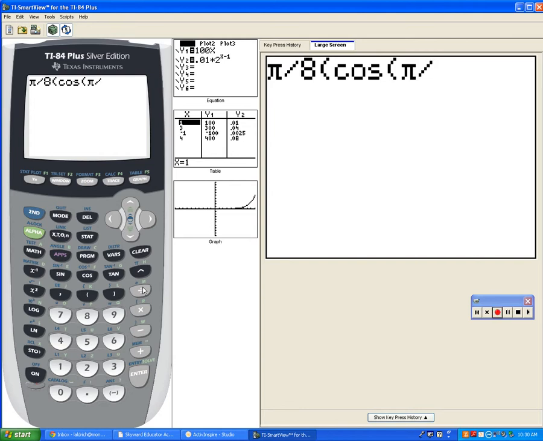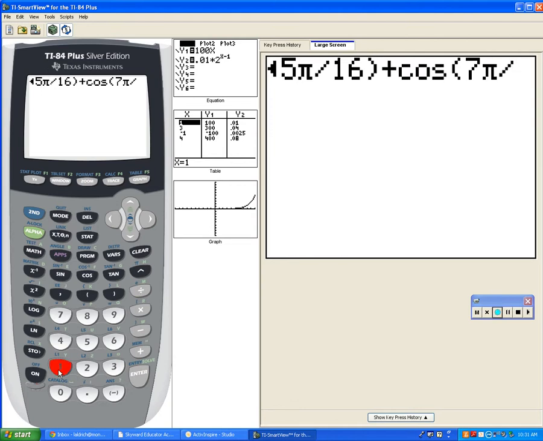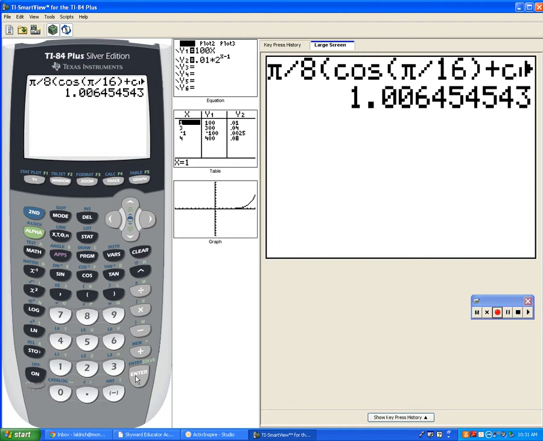Pi over 16 plus the cosine of 3 pi over 16 plus the cosine of 5 pi over 16 plus the cosine of 7 pi over 16. Close my parentheses. So my final answer for the area of that little sector is about 1.006.